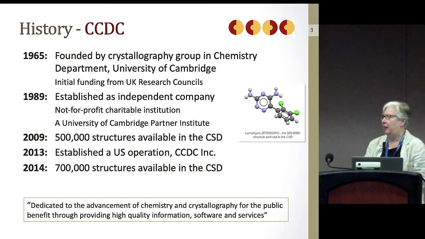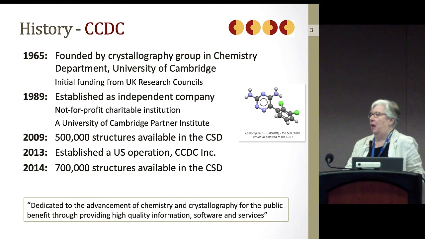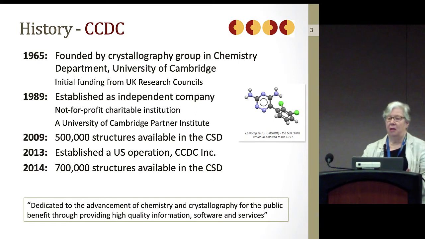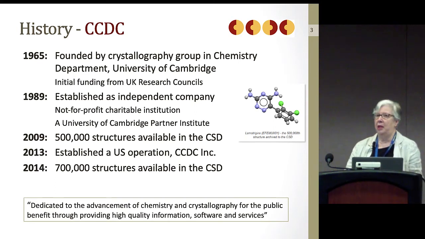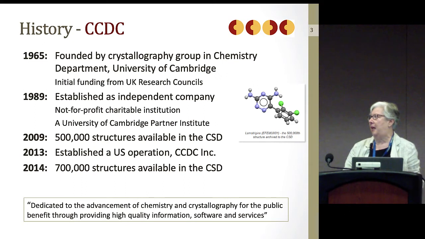So let's talk a little bit about history, because this is a history session after all. The CCDC was founded by the Crystallography Group in Cambridge, and the initial funding was from UK research councils. At a certain point in 1989, there were various issues having to do with funding, which I'm going to come to at the end of my presentation.